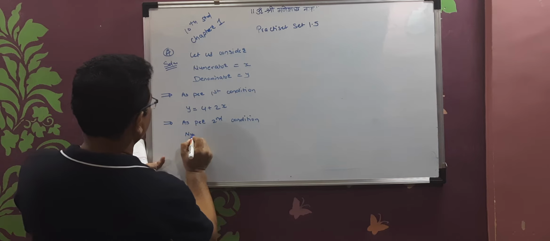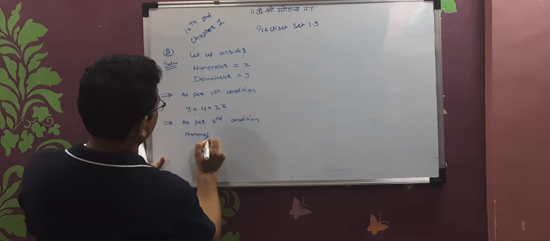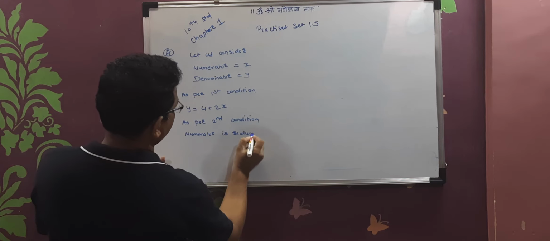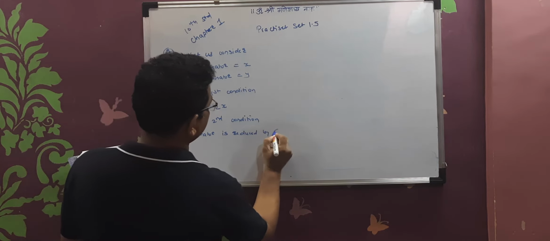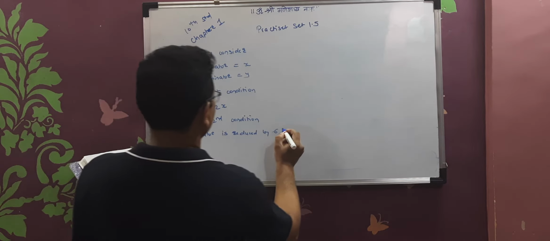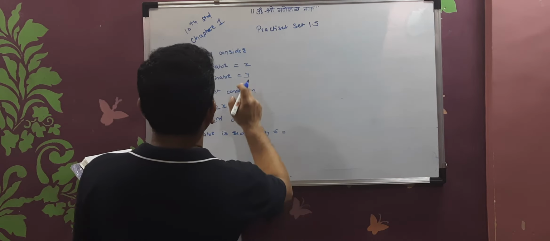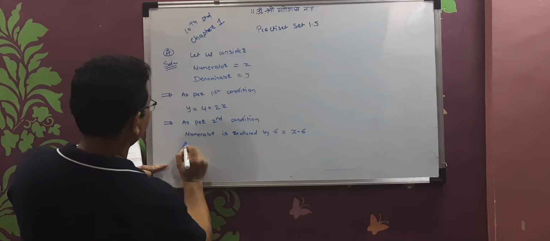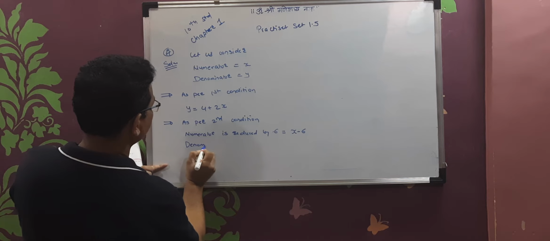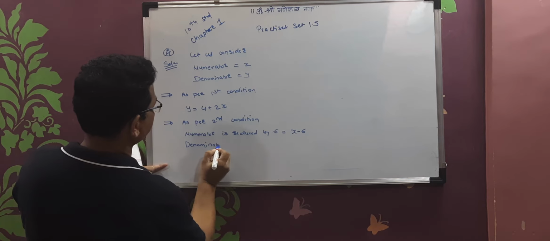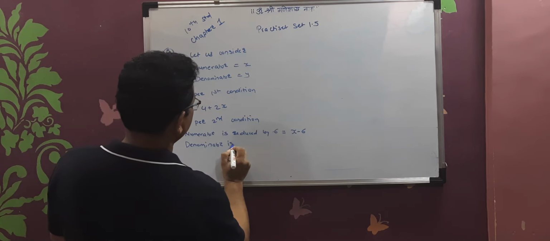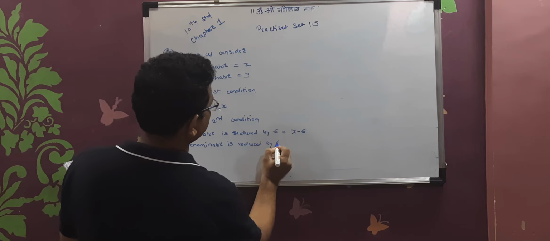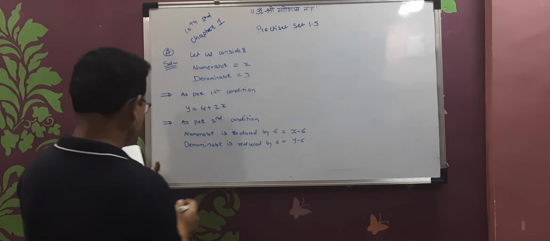Say numerator is reduced by 6. Numerator here is x. So x minus 6, and denominator is also reduced by 6. So it is y minus 6.